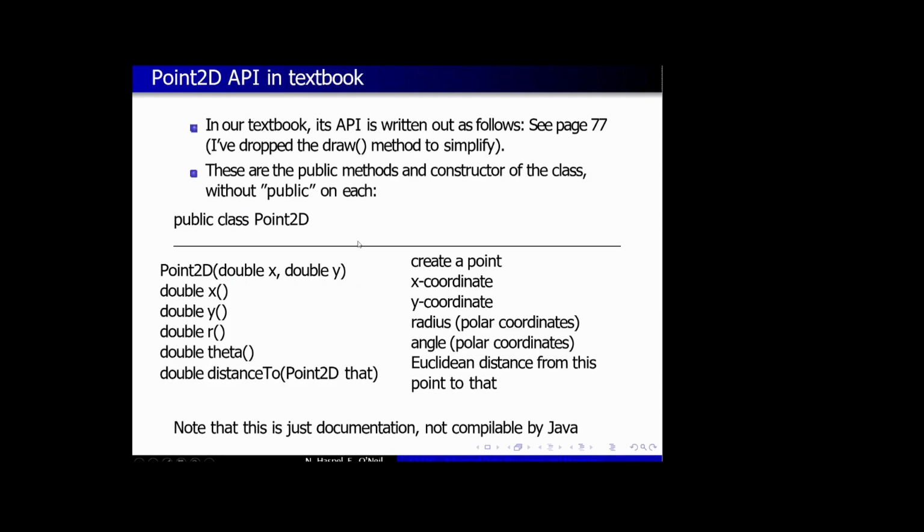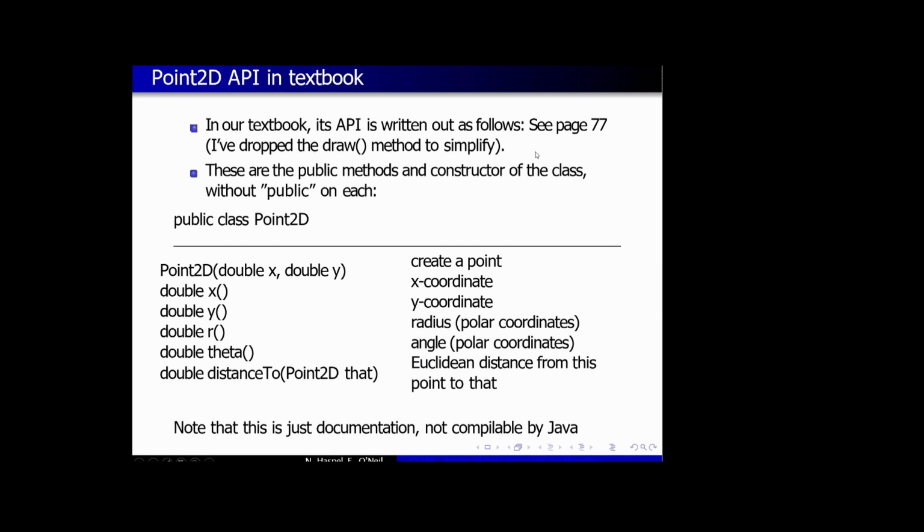We don't bother with any private methods when we talk about the API, because the API is what you could call from the outside world into this class. Okay? You notice that this setup is quite useful as a programming aid, but it's not compilable by Java. It's just something for us programmers to refer to while we're doing our code. Okay. So that's what is meant by an API.